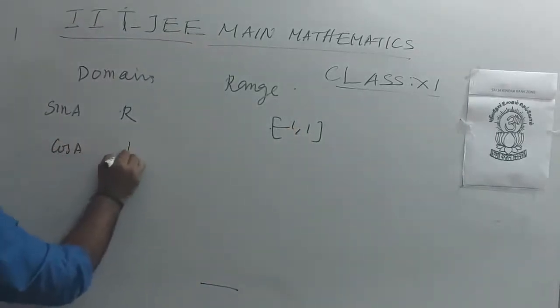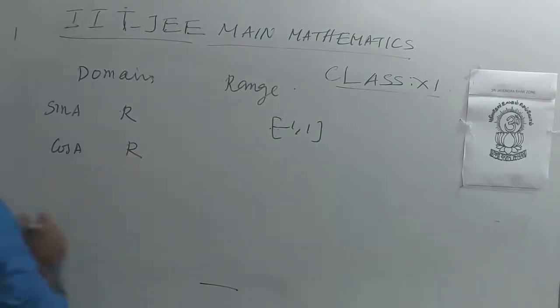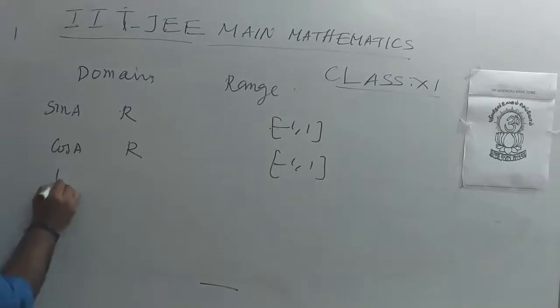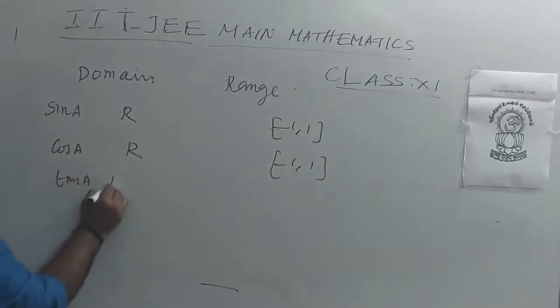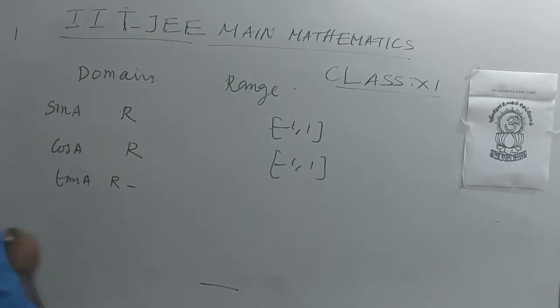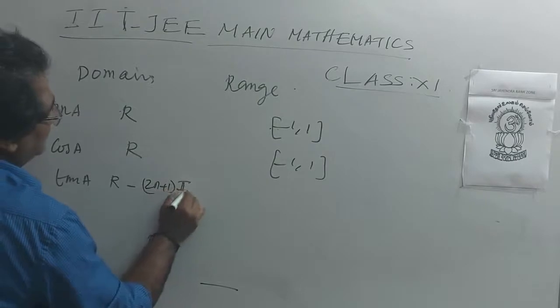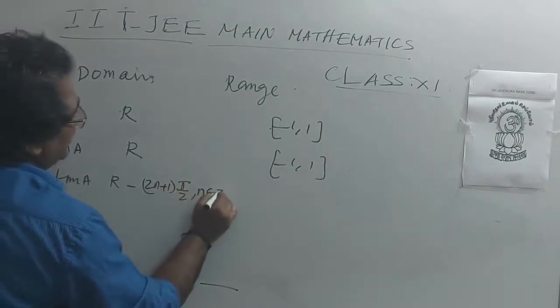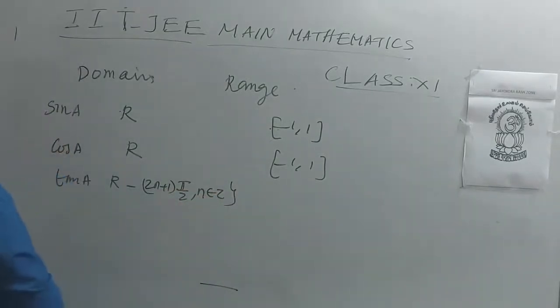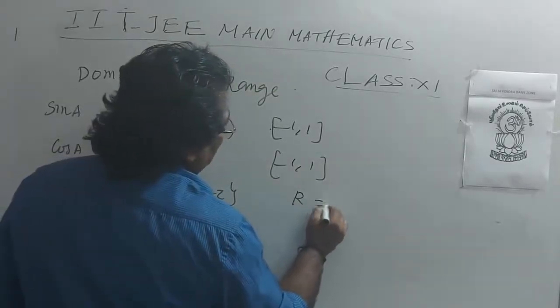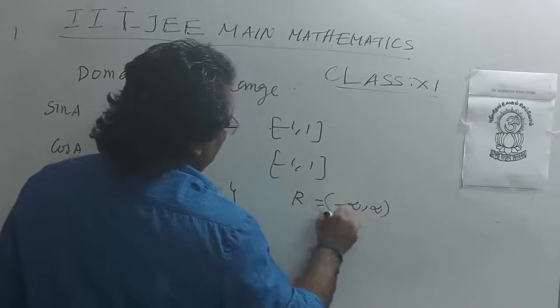Cos A, domain entire real numbers, range minus 1 to plus 1. Tan A, domain R minus (2n plus 1) pi by 2, n belongs to integers. Range R, that is minus infinity comma plus infinity.